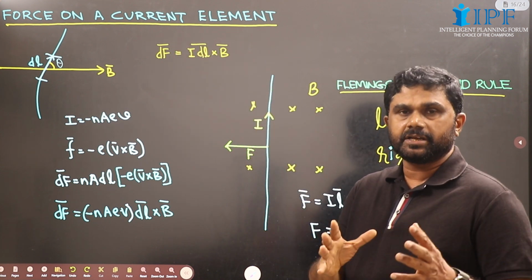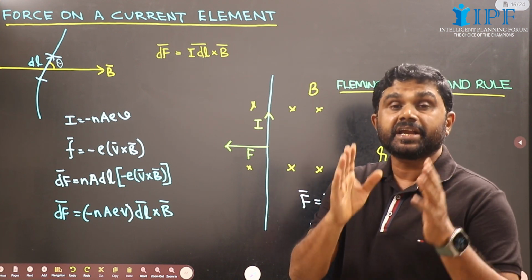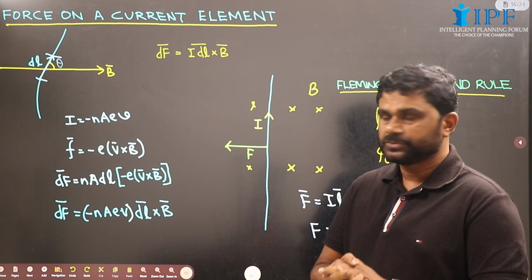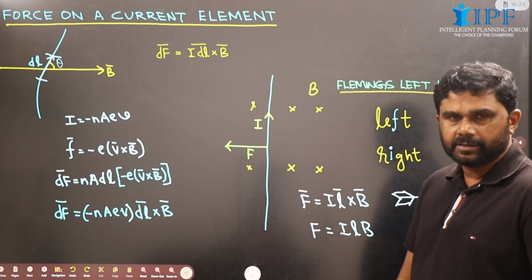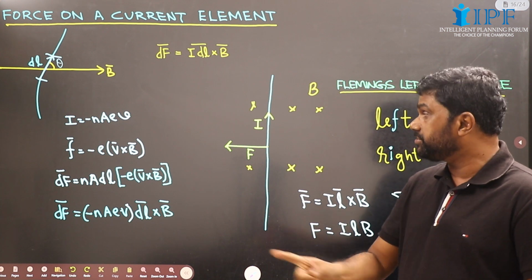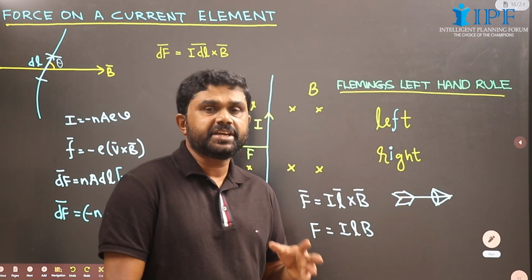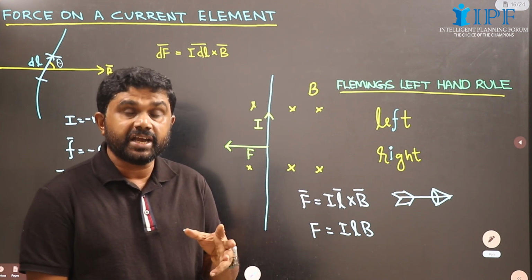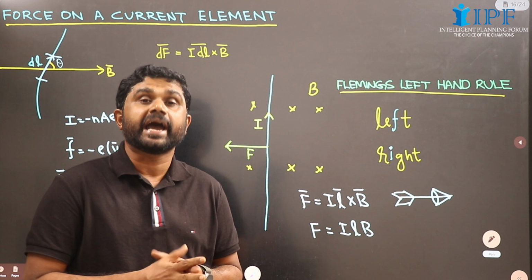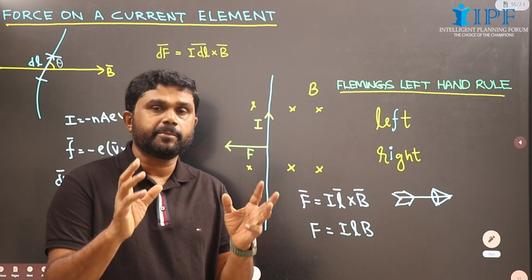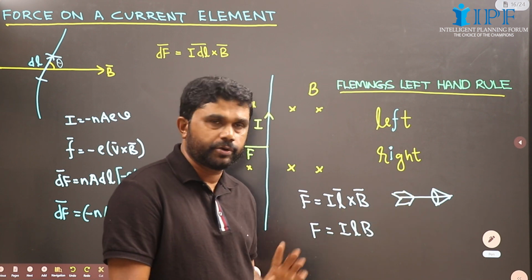Now let us consider a straight long conductor kept in a transverse magnetic field. Okay, so here is the conductor. It carries a current capital I and it is kept in a magnetic field which is directed along the inward normal. Now see, the direction of the magnetic field is represented by considering the movement of an arrow. Consider a three-dimensional arrow, like this. I have drawn the arrow here.